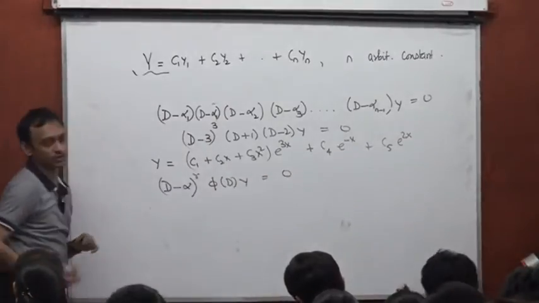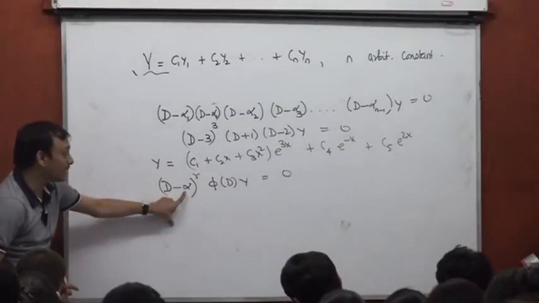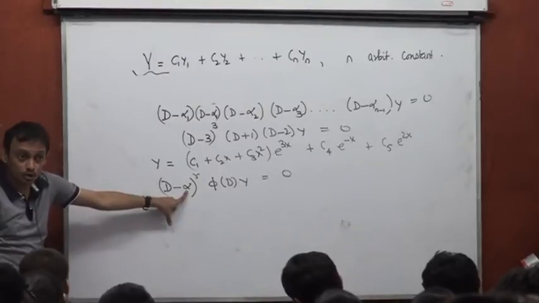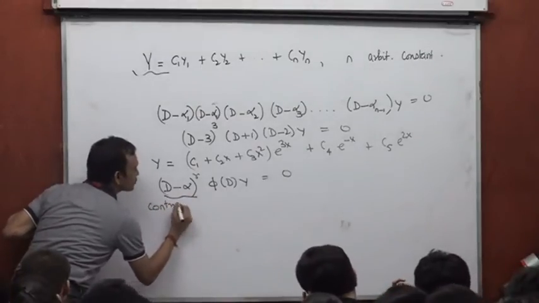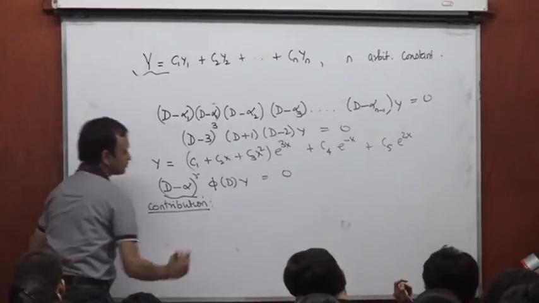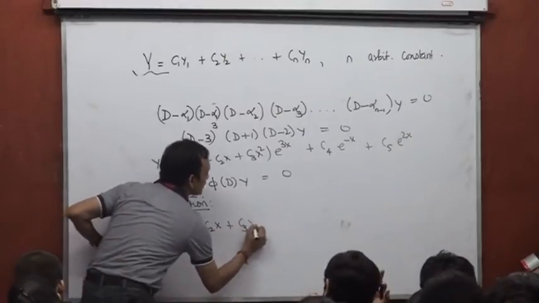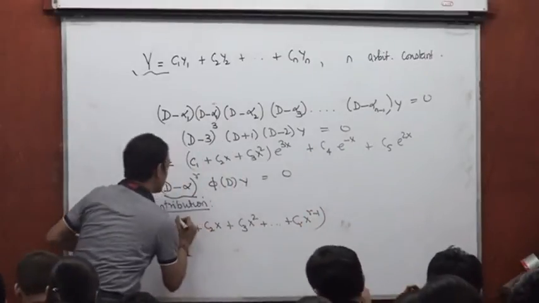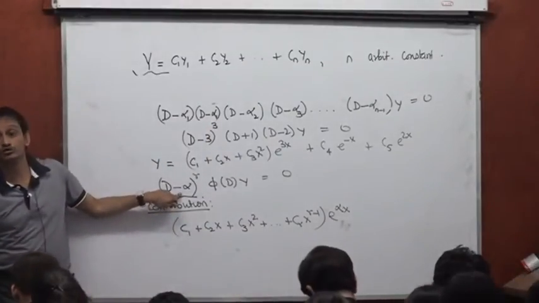If this was the differential equation, then let me say again without proof, the contribution made by these r factors to the general solution is (C1 + C2x + C3x² + ... + Cr x^(r−1))e^(αx).